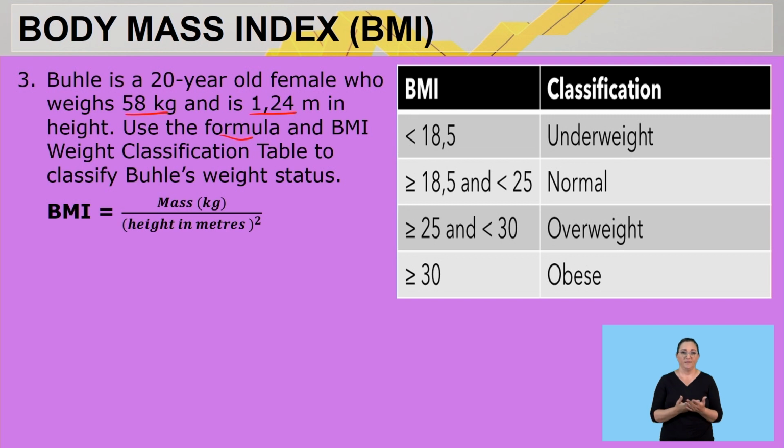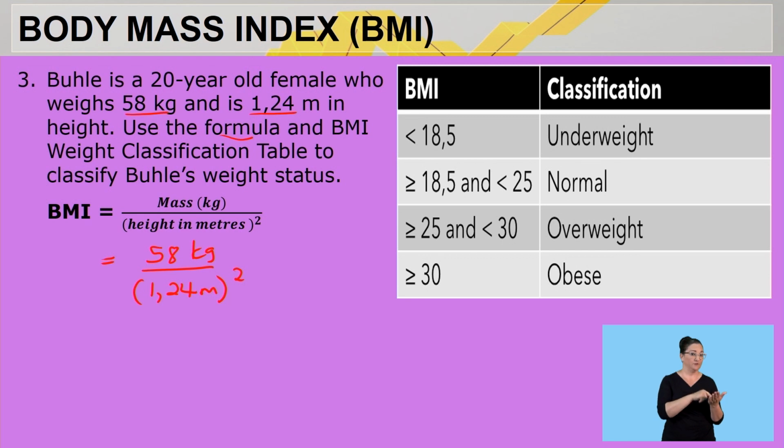Now let's quickly do this one. I'll use the formula there, step 1. Let's substitute. What is the mass? That is 58 kilograms. We agree? Then I'll divide this by the height in meters squared. The height here is 1,24 meters, and I squared that value.